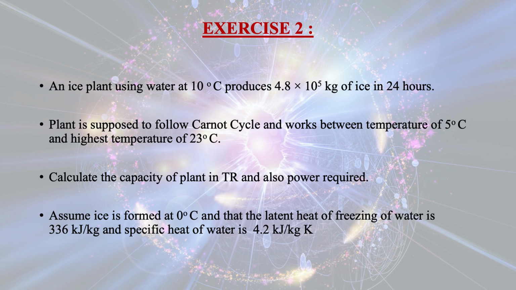Calculate the capacity of plant in tons of refrigeration and also power required. Assume ice is formed at 0 degrees centigrade and the latent heat of freezing of water is 336 kilojoule per kg and specific heat of water is 4.2 kilojoule per kg K.